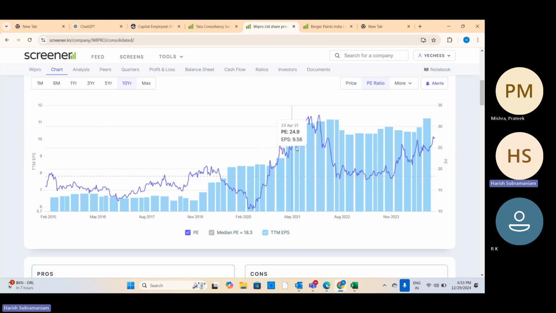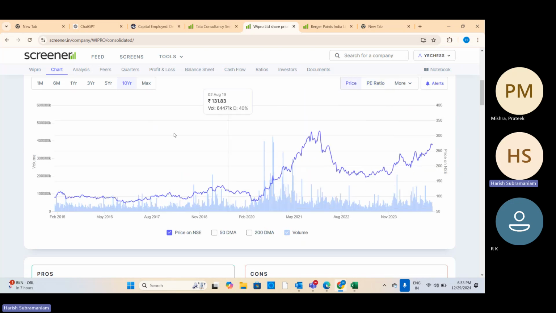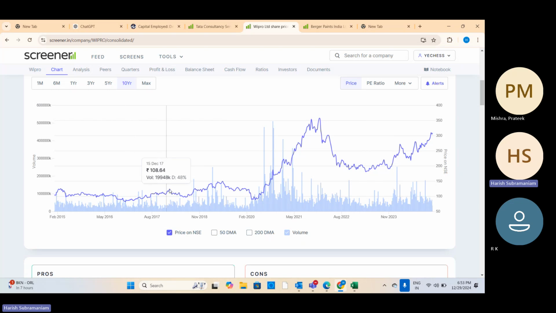But again, we don't know if the earnings were deflated because of COVID. No, the earnings were not deflated because the earnings per share is going up. So during this period, Wipro would have gone quite high. Wipro would have again gone down. And then it is again starting to go up. That is my guess. Let's see. So you can see while the PE ratio was low to high, it went up, then it again came down, then it again went up, then it again came down, then it again went up.